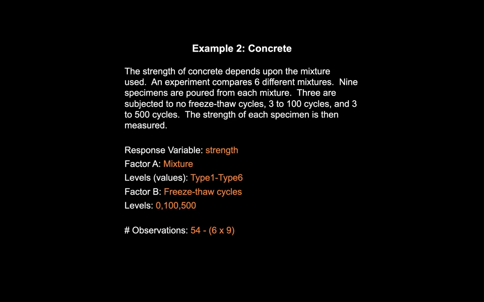So our number of observations is equal to 54, and we got that from multiplying 6 by 9. Because our experiment compares 6 different mixtures, and 9 specimens are poured from each mixture, the total is 9 times 6. Within each of those 9 specimens, 3 are subjected to no freeze-thaw cycles, 3 to 100 cycles, and 3 to 500 cycles.